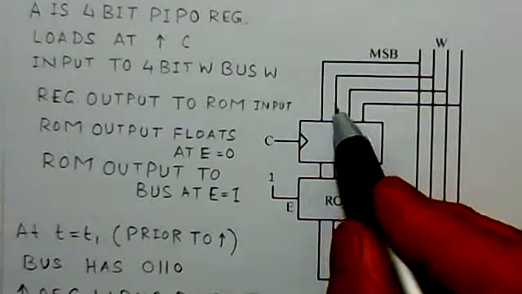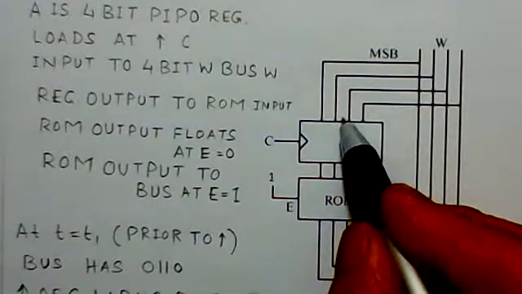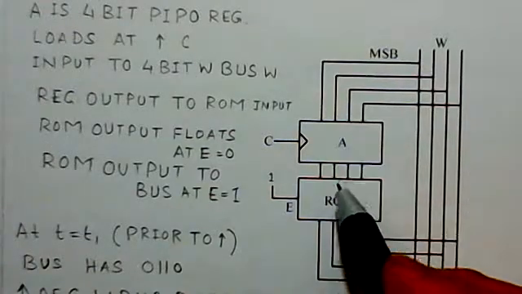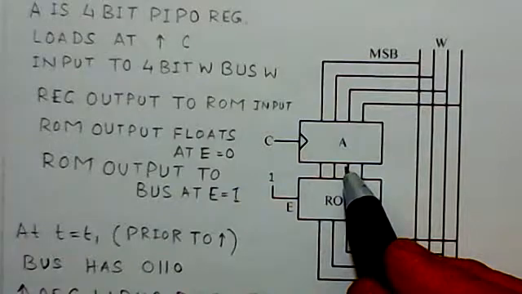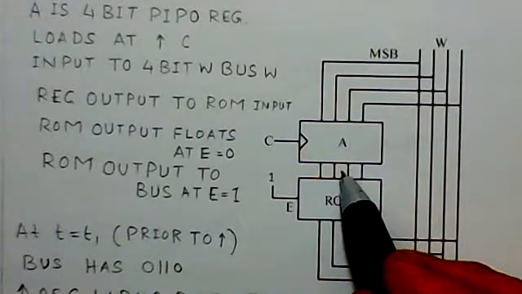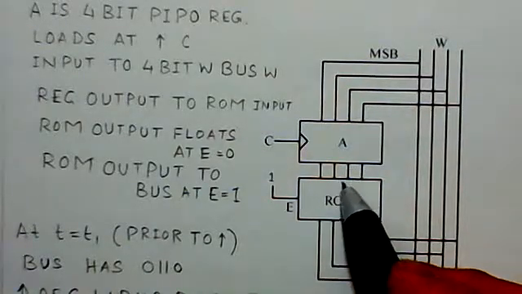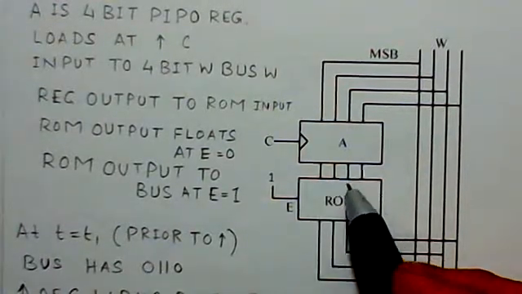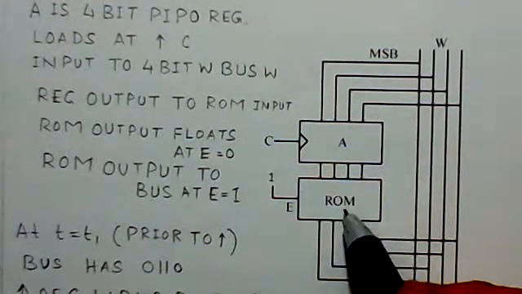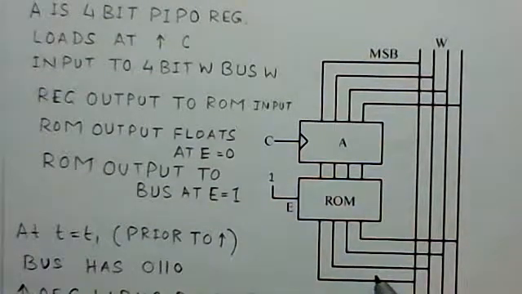That means data can be entered to the register parallelly, and it could be outputted parallelly, and this output goes to the address locations of the ROM, and the contents of the ROM are then put on the W bus. This is what is happening.